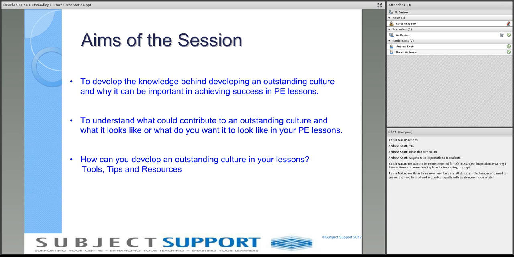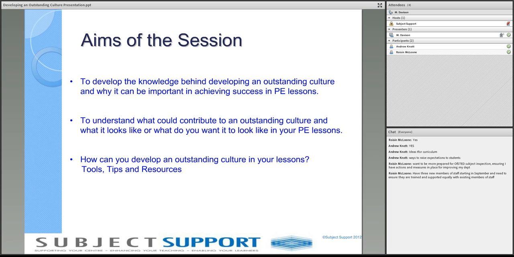We'll look at what things could contribute towards this outstanding culture, and ultimately what it looks like within your PE lessons. And hopefully some tools, tips, resources, and ideas that have worked really well within my own teaching, which will allow us to achieve the outstanding culture, and ultimately achieve outstanding when it comes to Ofsted, and also when it comes to having an outstanding curriculum.